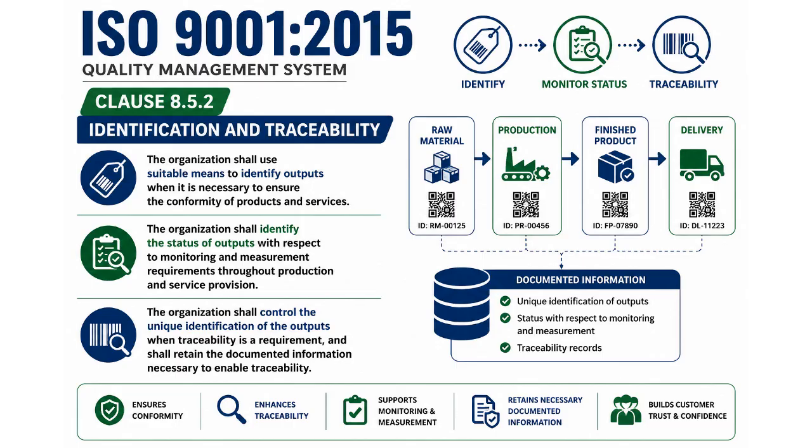The status of product or services must also be clearly monitored and identified at every stage to confirm compliance with inspection and measurement requirements. When traceability is required, unique identification must be controlled and documented to track outputs throughout the entire process. Maintaining documented information is essential to ensure full traceability and support quality assurance.